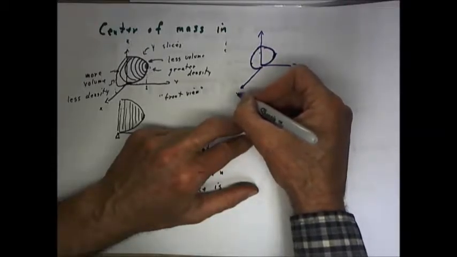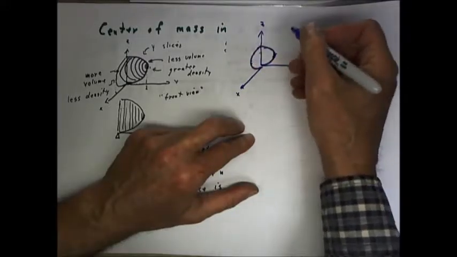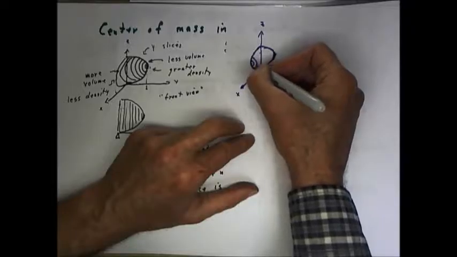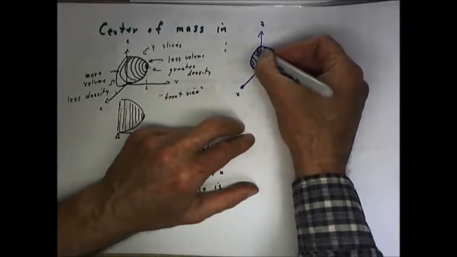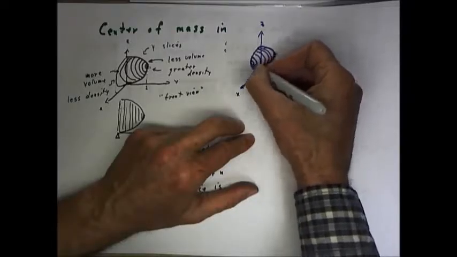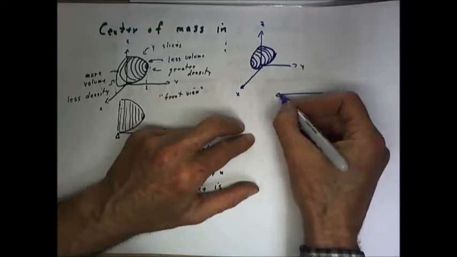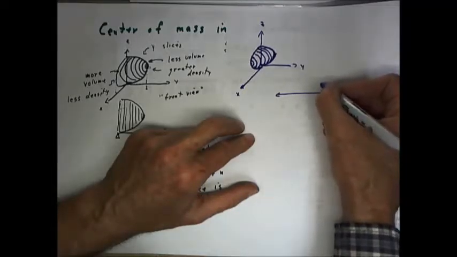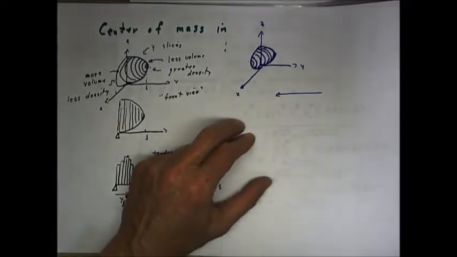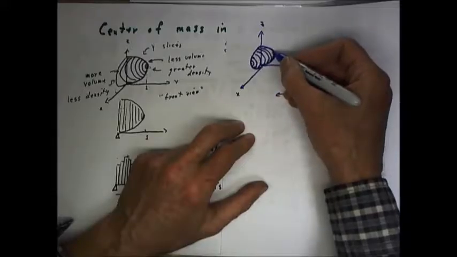If I'm slicing this relative to the x-axis, then the slices are going to look something like this. And we can imagine, if the x-axis goes this way, that we have some variation in the amount of mass slice by slice.